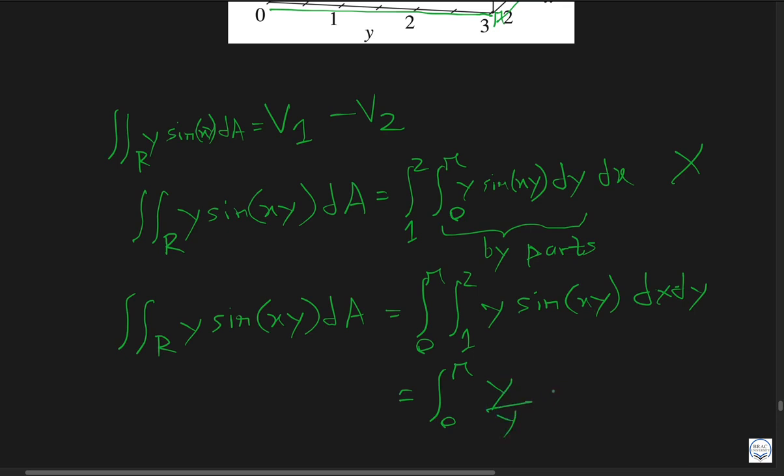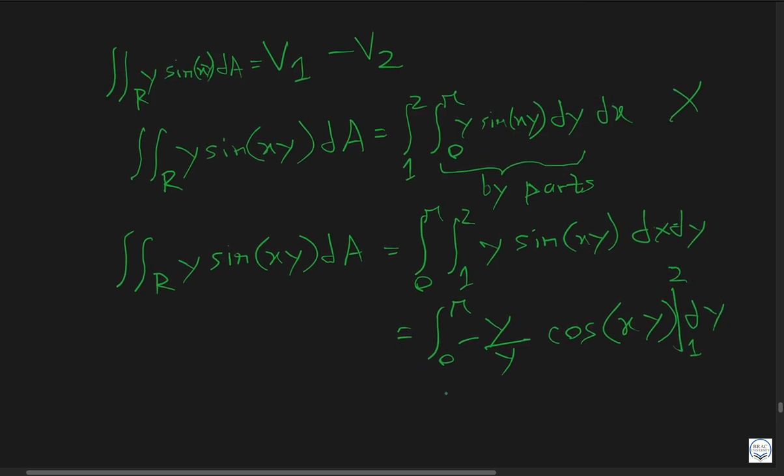This will be y divided by y cos xy, and of course it will have a minus sign because the integral of sine has a minus sign. And we already did the x integral. We also have to substitute the limits, dy. So let's do the limits. This is minus, 0 to pi. This is just 1, y by y is just 1.